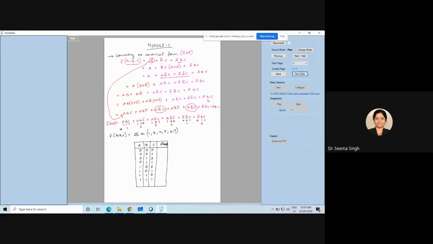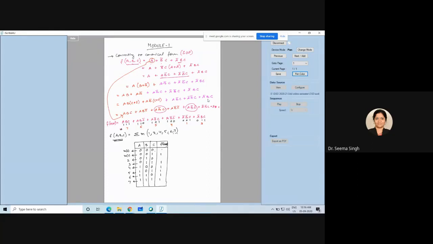So this is min term 0, this is min term 1, this is 2, this is 3, this is 4, 5, 6, and 7. Now, what does this function say? This function will be 1 for 1, 3, 4, 5, 6, 7. And what I don't have here is a 0 and a 2.